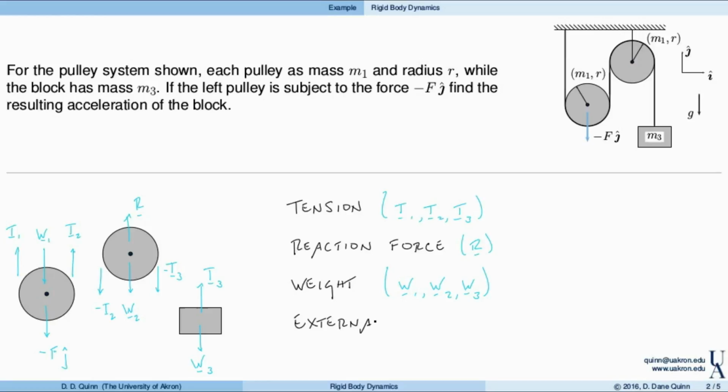That was given to us in the problem statement as minus F in the J direction. Again, this minus sign indicates that if F is positive, the force is pulling down.